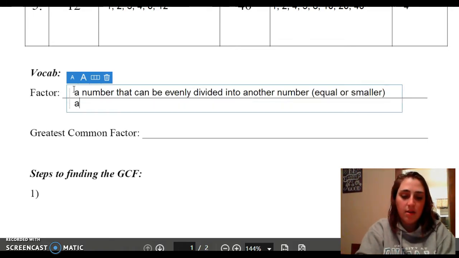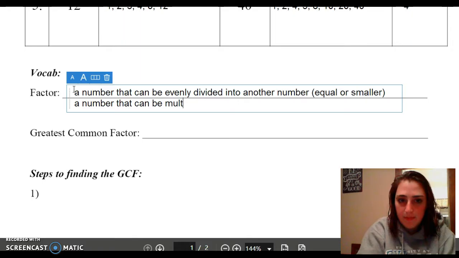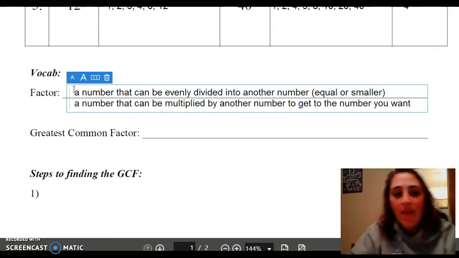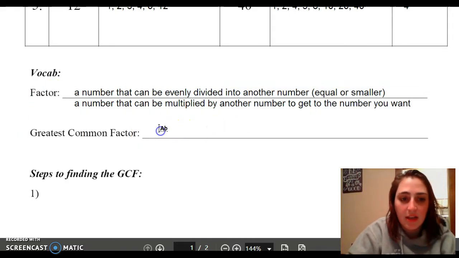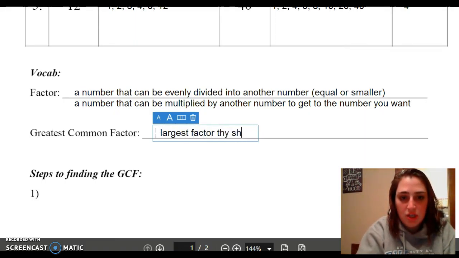Or you can say a number that can be multiplied by another number to get to the number you want. Can't type today, just like I normally can't write. And then greatest common factor: literally, the largest factor they both have.